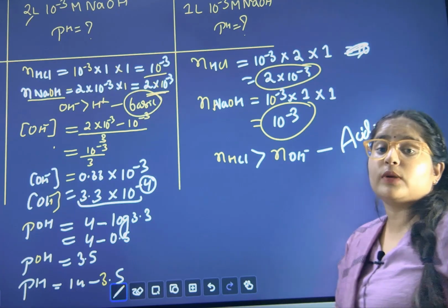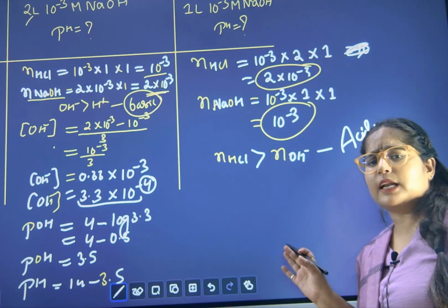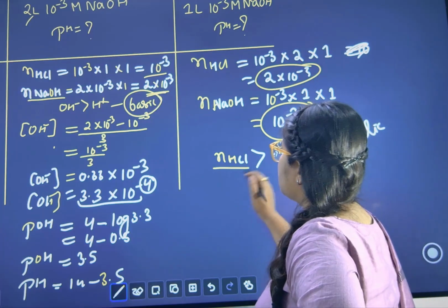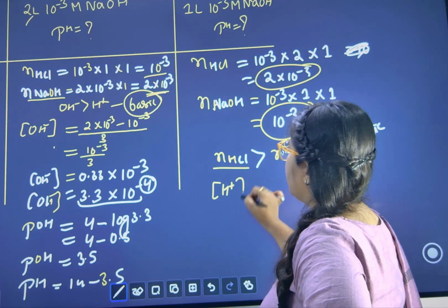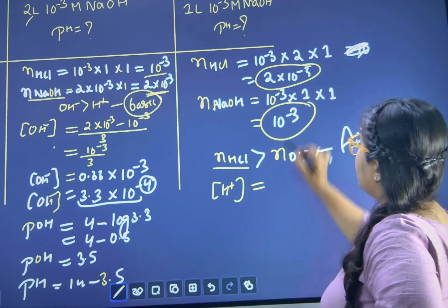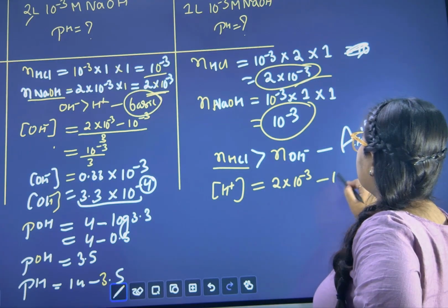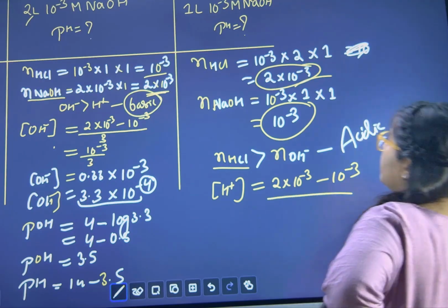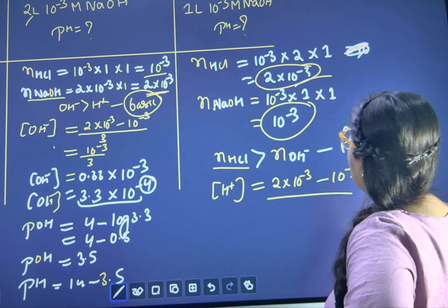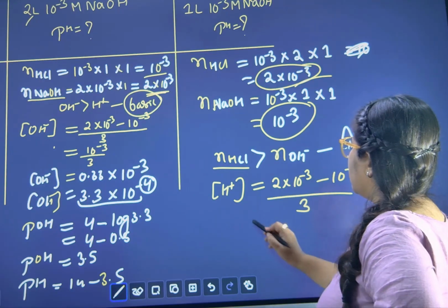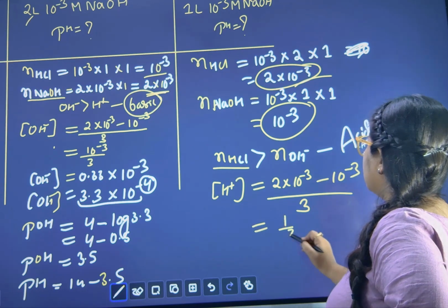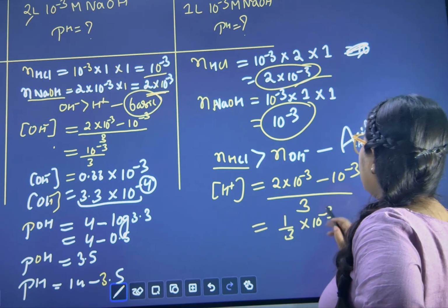So how will we calculate? Here we will calculate H ion. No need to calculate pOH. HCl is more, so net H ion will come. H ion concentration will be 2 into 10 to the power minus 3 minus 10 to the power minus 3, divided by total volume, 2 liter plus 1 liter, 3 liter. So it will come 1 by 3 into 10 to the power minus 3.